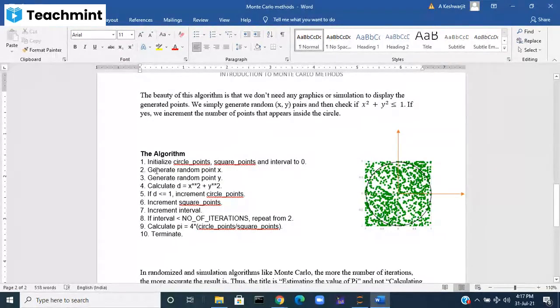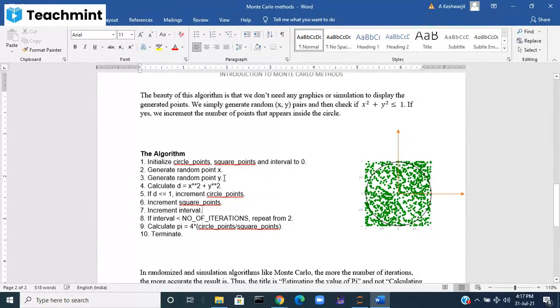Then generate a random number and assign it to the variable x. Next, generate another random number and assign it to the variable y.